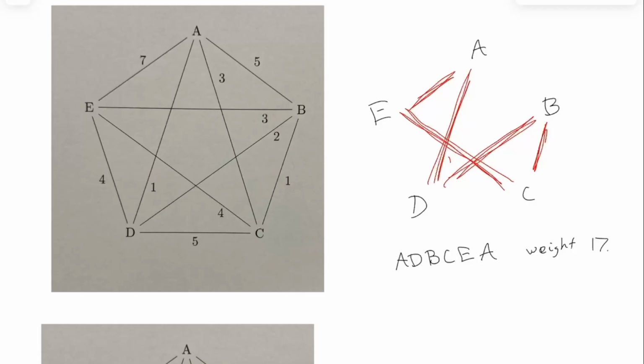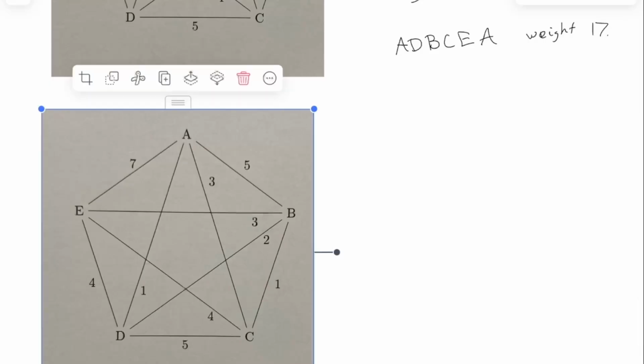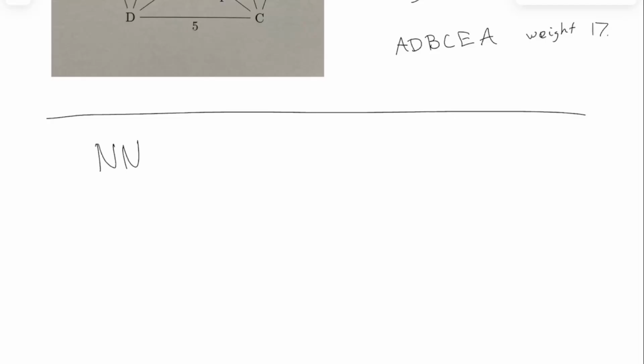Like I said, the nearest neighbor does not always give you the absolute best answer. Another weird thing about it is that nearest neighbor actually depends on your choice of starting point.